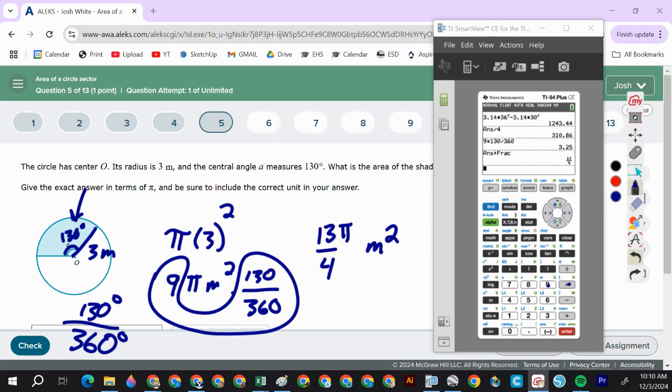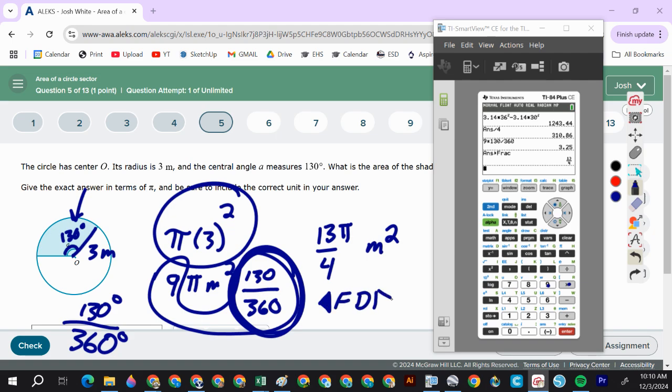So the idea is, calculate the area of the entire circle, figure out how much of that circle you're looking at, using degrees, 130 out of 360, and then plug those numbers in your calculator, but don't plug in the pi. On those little blue calculators, you have a button that says triangle FD, and that button will convert from fractions to decimals.